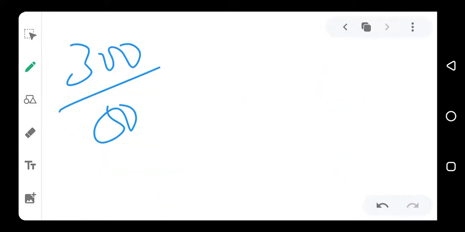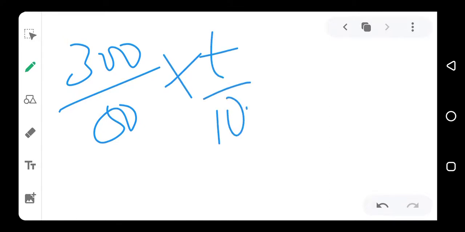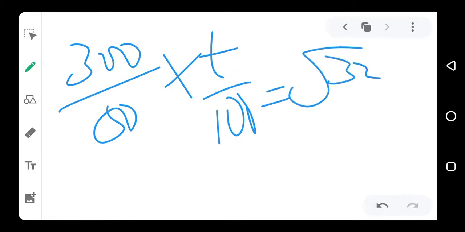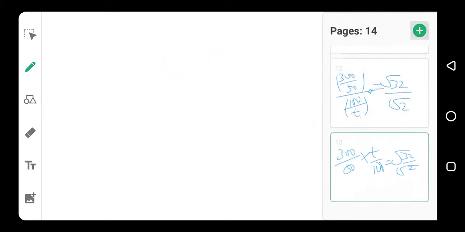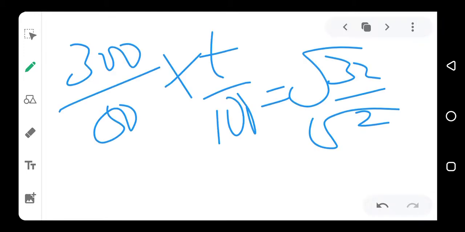So we have this multiplied by T over 100 is equal to root 32 over root 2. If we have this, we can cancel this.